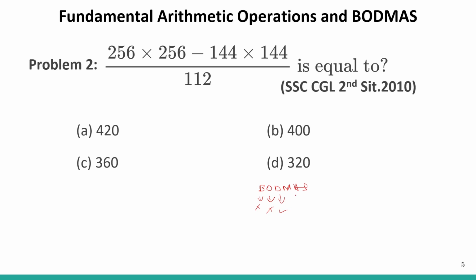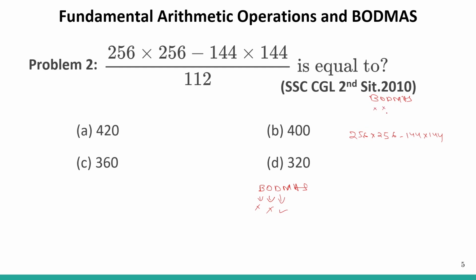And for further simplifying the division, you see the numerator. Here the numerator is 256 into 256 minus 144 into 144. Again, you apply the BODMAS rule. Are there any brackets? No. Any exponents?